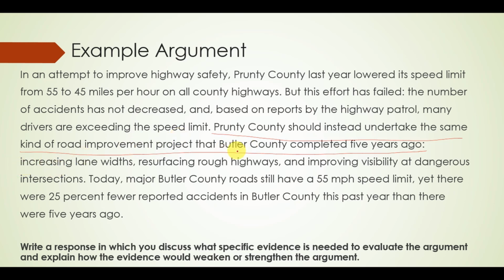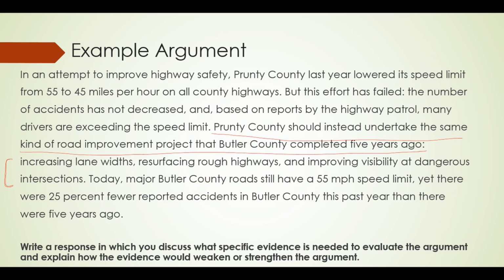So, what did Butler County do 5 years ago? Increasing lane widths, resurfacing rough highways, and improving visibility at dangerous intersections. So these are the safety measures taken by Butler County. Today, major Butler County roads still have a 55 miles per hour speed limit, yet there were 25% fewer reported accidents in Butler County this past year than there were 5 years ago.